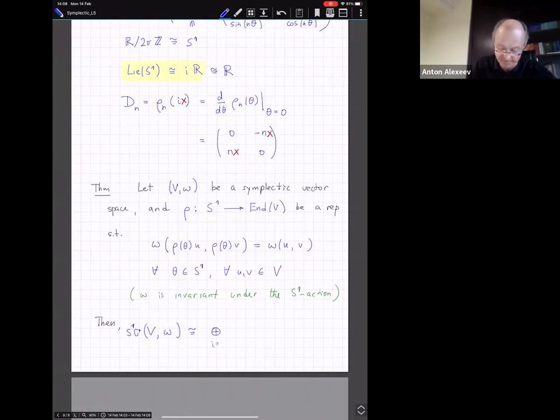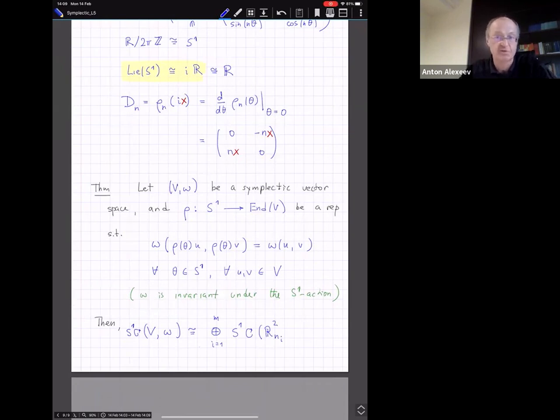You have a sum from 1 to m, and here there will be again the actions of S1 on R2.